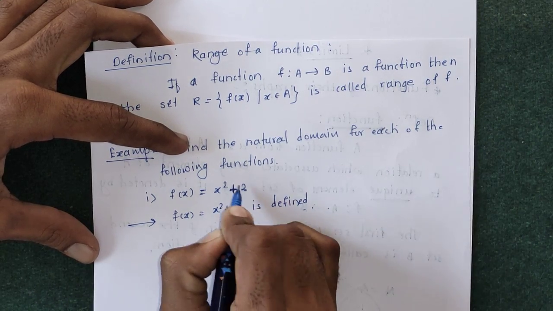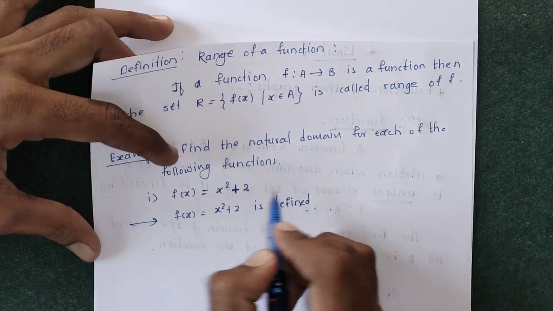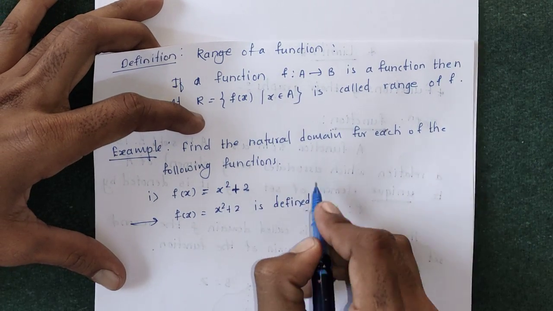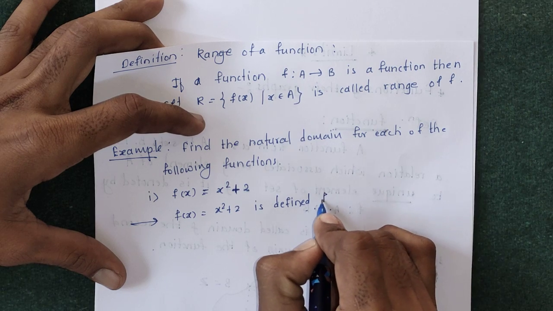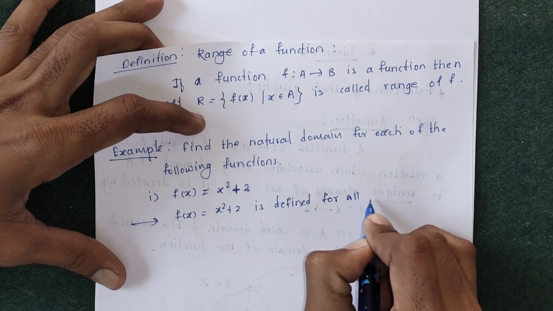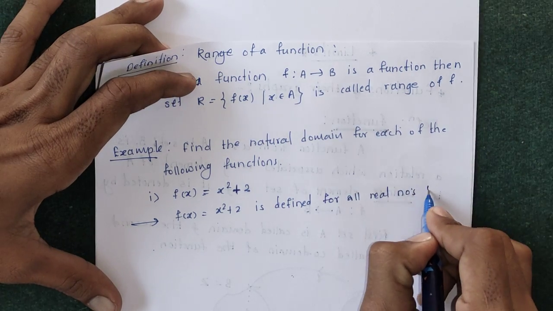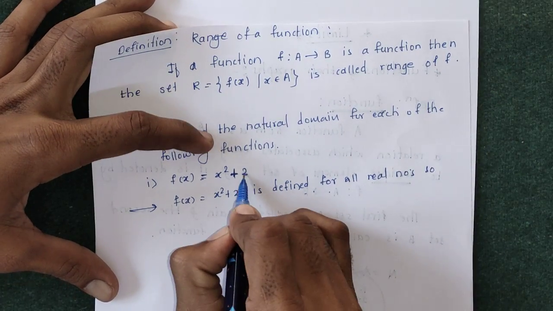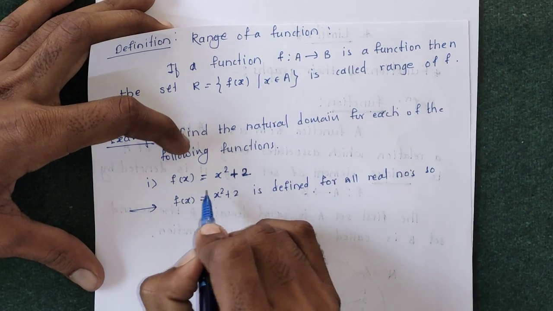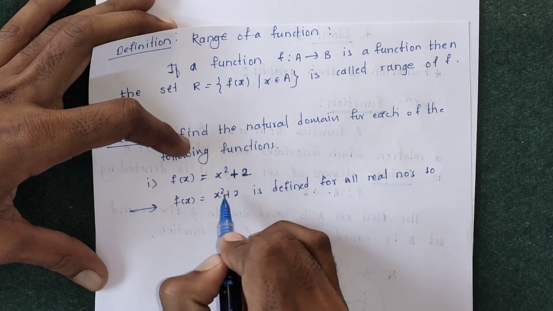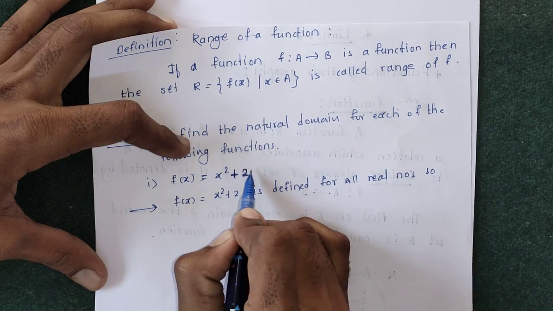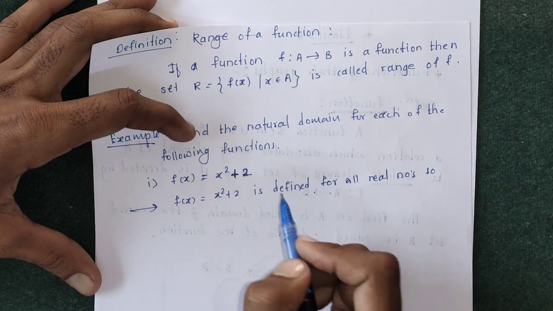So we can find the image of x square plus 2 for any real number. So x square plus 2 is defined for all real numbers. To find the domain of a given function, we just have to find for which real numbers this function is defined, and that will be the domain.